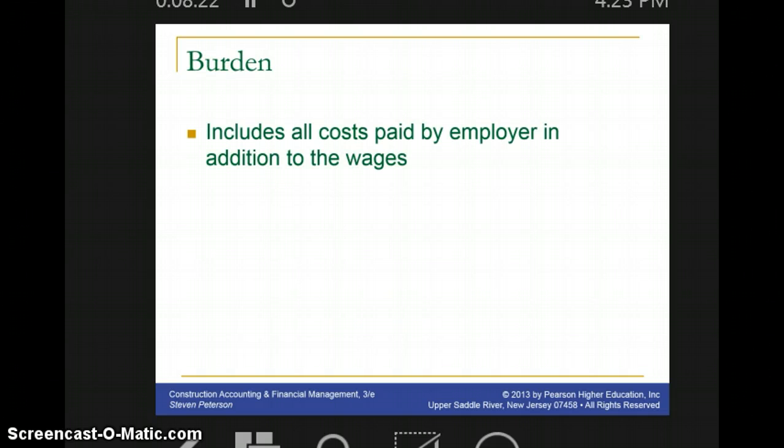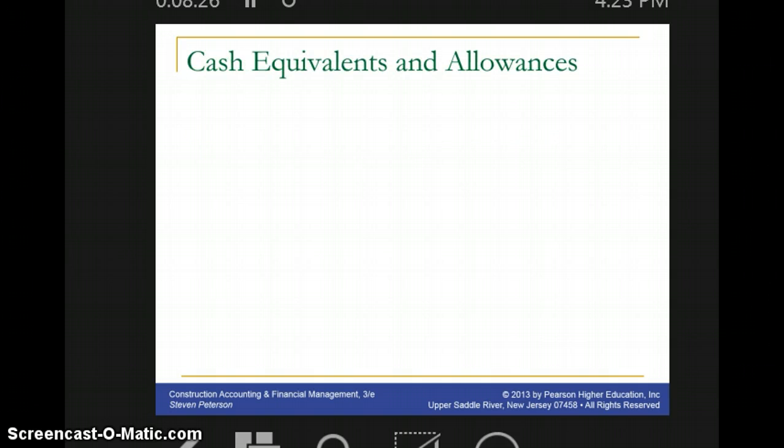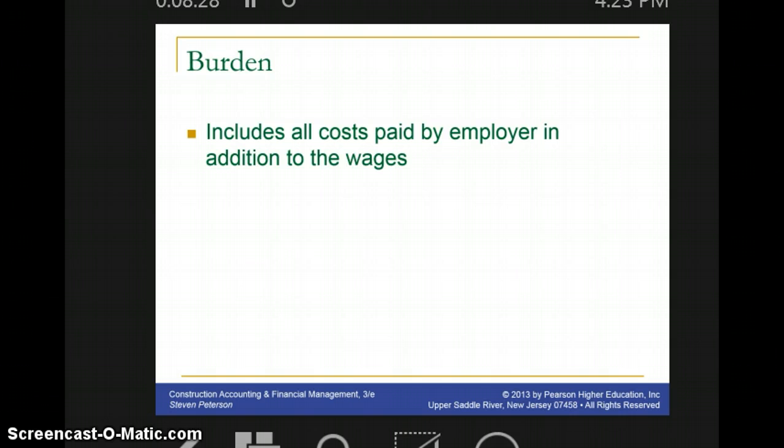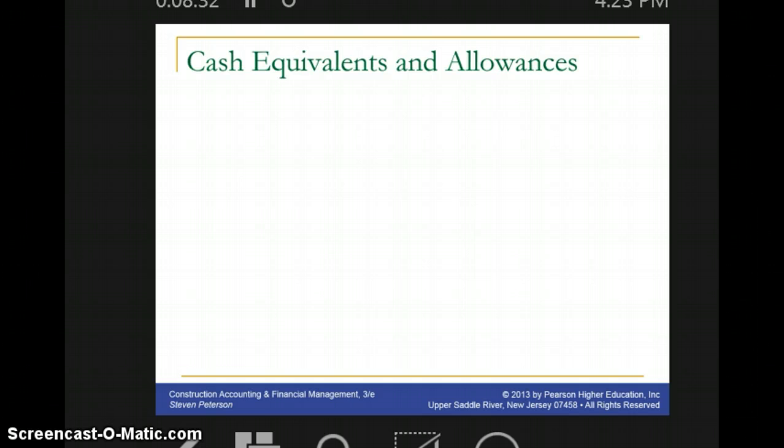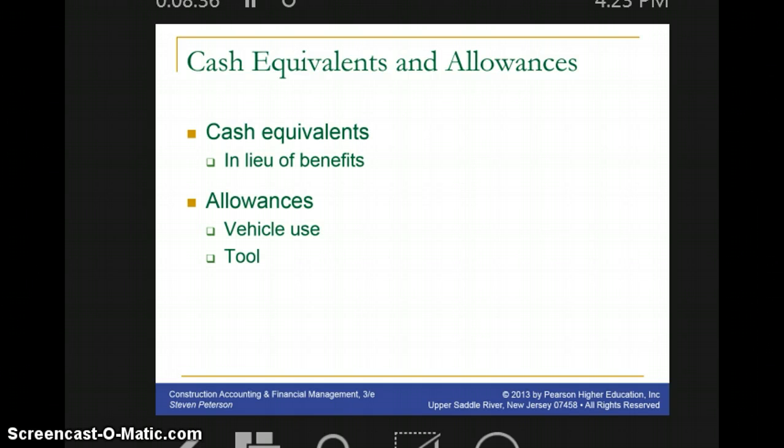The burden costs essentially are all the costs paid by the employer in addition to the wages, again, on behalf of that employee. These costs include cash allowances. Cash allowances may be paid for personal vehicle use or tool usage of that employee.